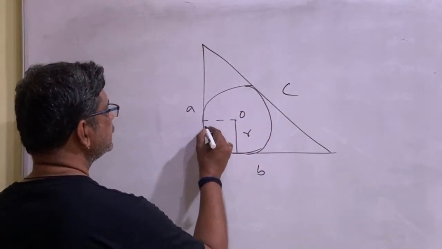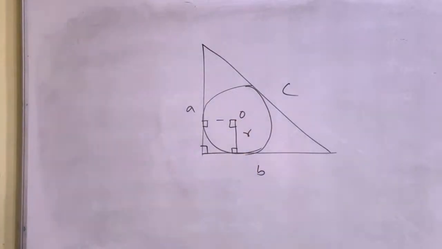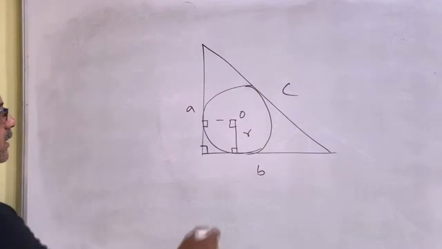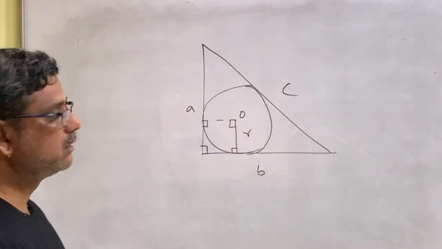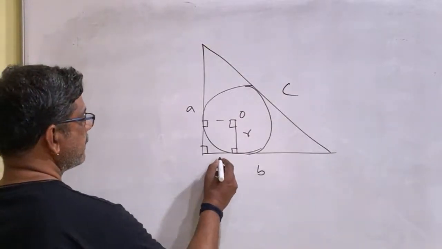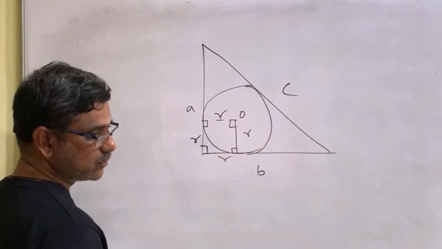This is 90, this is 90, this is 90, and this is also 90. Then what is this quadrilateral? It's a square. So R, all the sides are radius only.